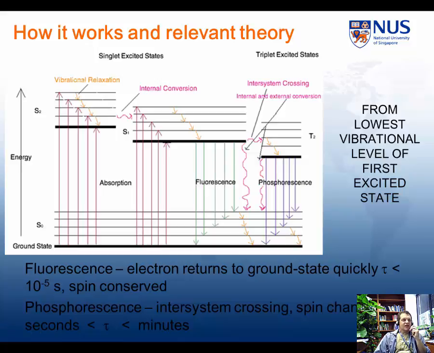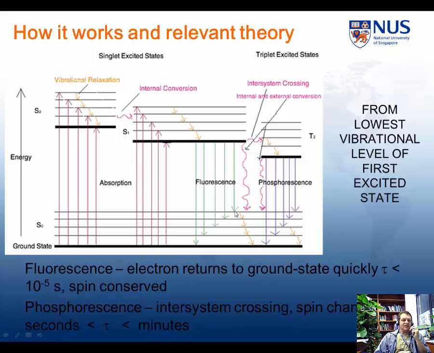Now, it can be that there is internal conversion, which means we go from an S2 state to an S1 state. If that happens, again, we get relaxation via the vibrational levels until we get to the lowest vibrational level of the first excited state, at which point we can get fluorescence.